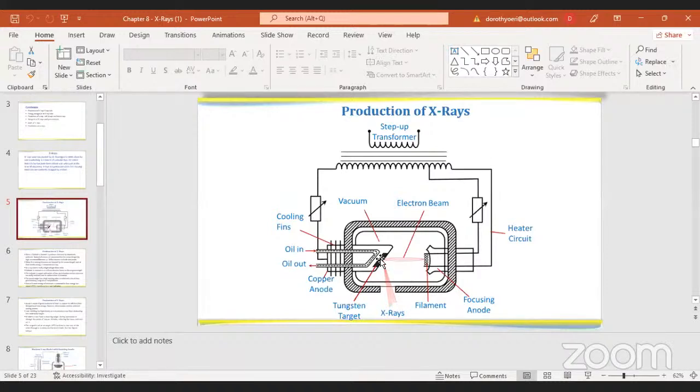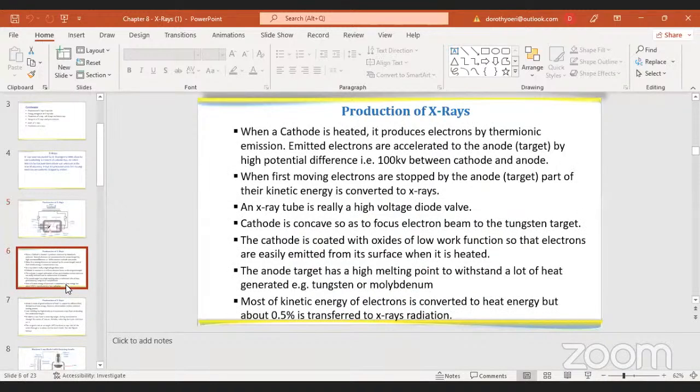Now, we have the tungsten, which is acting as the anode. And I've said the tungsten metal is a metal of high melting point to prevent it from melting.